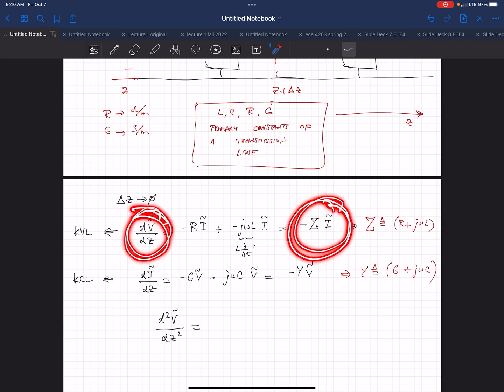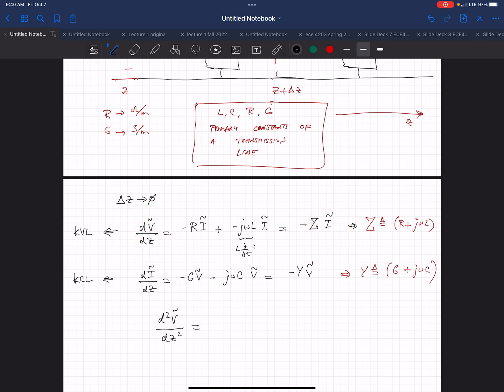I'm going to take the derivative of this with respect to z, and the derivative of this with respect to z, z being the distance. Remember, I'm keeping these Z's as capital Z impedance. So minus Z dI dz. So I just took the derivative of both sides.